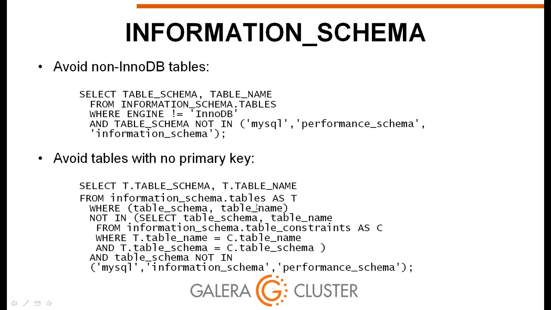Unless it is a very small, very infrequently used table, each table should have a primary key, because otherwise updating such tables will cause performance issues in the cluster if each row of the table does not have a unique identifier. So with this monitoring query, you can see if any such tables have appeared on your server, and then take some action to add a primary key or otherwise remedy the situation.